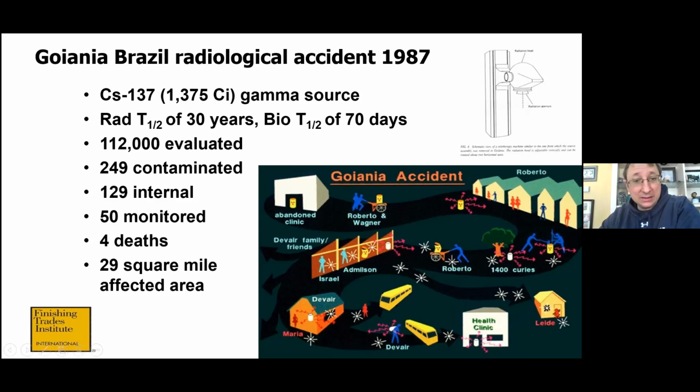And on top of that, the whole area of effect was 29 square miles. So I think San Francisco is 7 square miles or 9 square miles, if memory serves. So imagine that. Imagine 29 square miles. That's how far this source traveled before it was caught, right? So it caused quite a bit of havoc.